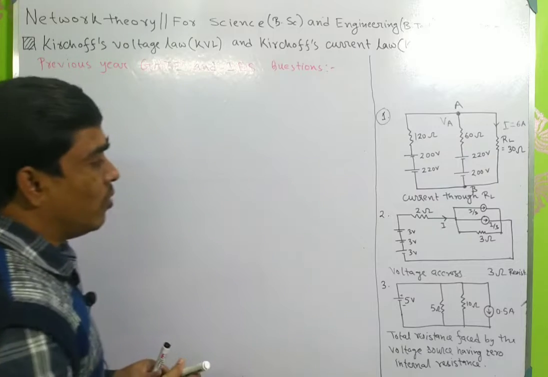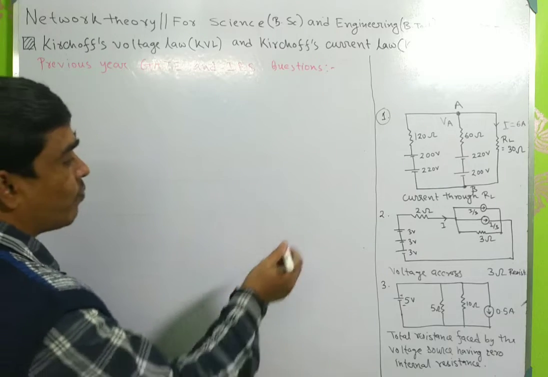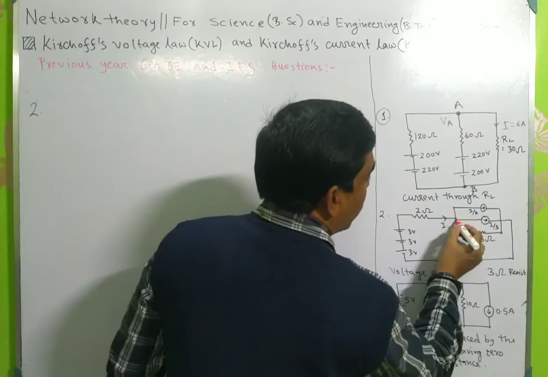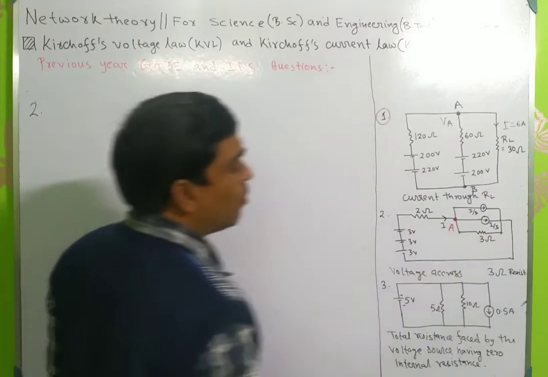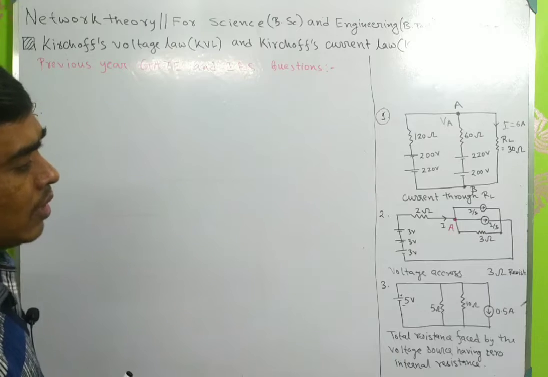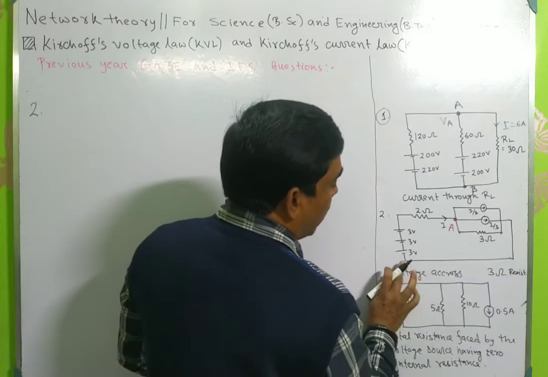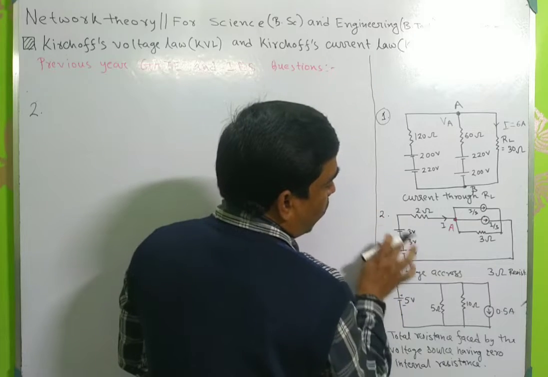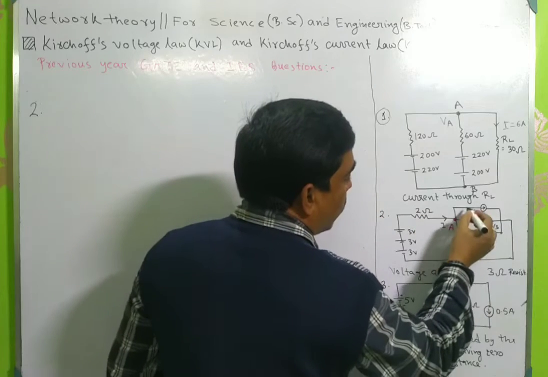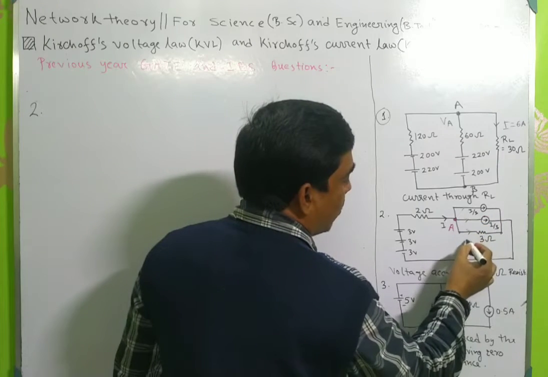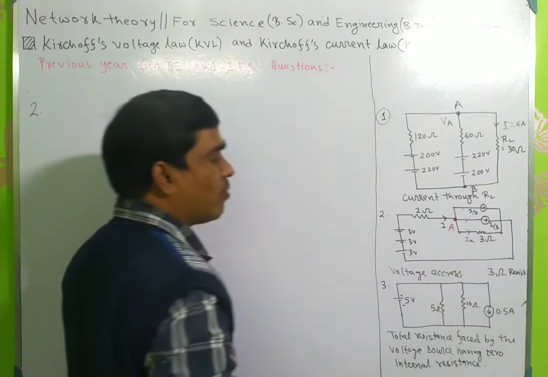Suppose this is a node A, and I assume that all the current will be flowing in this direction. So this is I by 3, this is I by 3, and suppose this is Ix.